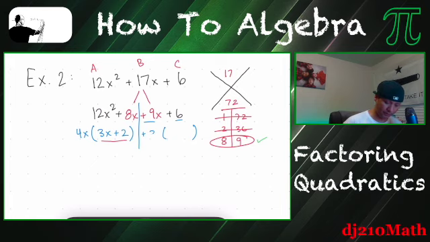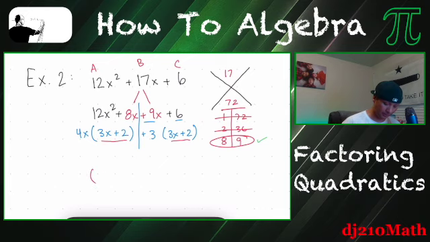So for sure, 3. What about the variable? Well, there's only one x, so we can't pull out any more. This is going to be 3x that's left behind plus 2. Again, if you distribute, 3 times 3 is 9, and 2 times 3 is 6. So notice 3x plus 2 definitely matches.